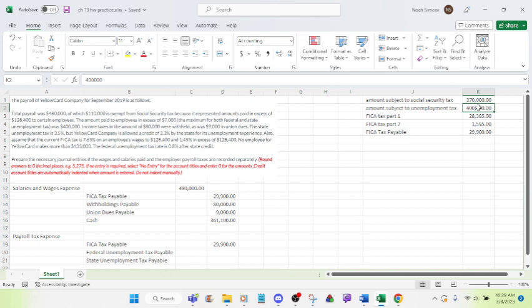Wait, I'm confused. $7,000 is the maximum amount that you can have it. You tax 7,000 is subject to it. 400,000 is not.